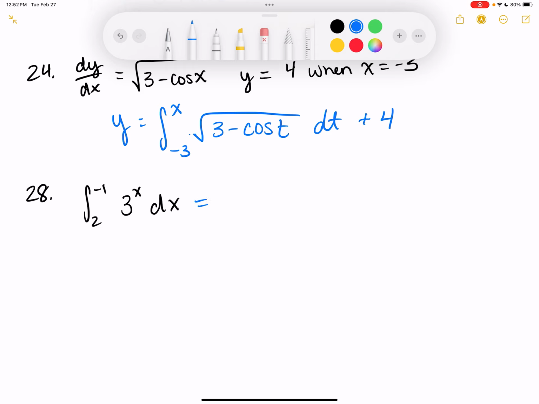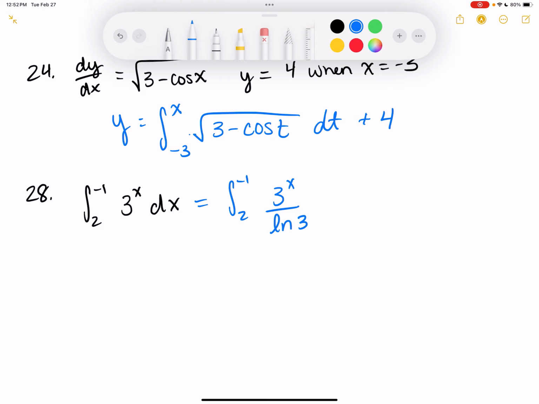This is going to be the integral from 2 to negative 1 of 3 to the x over the ln of 3. Or I guess I don't, I wrote this wrong.